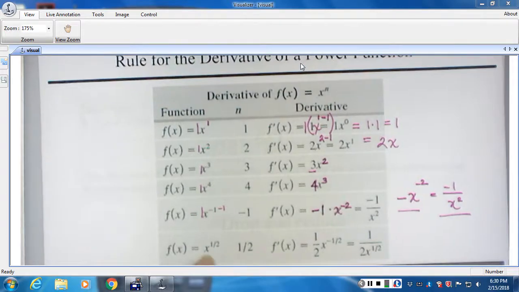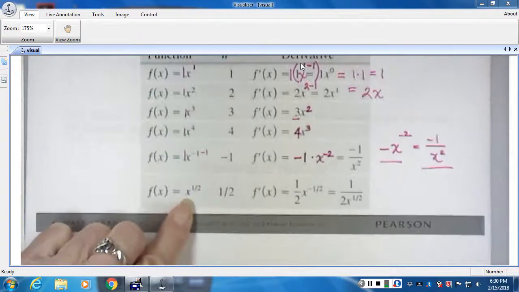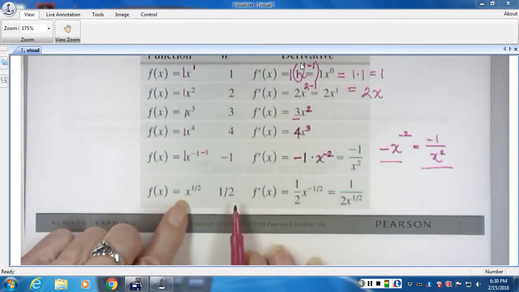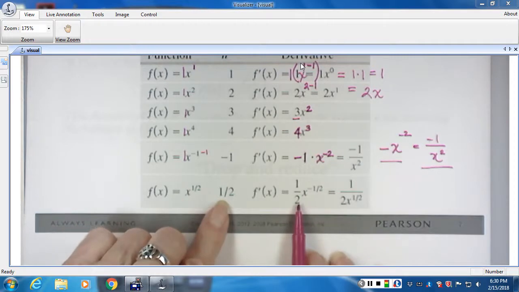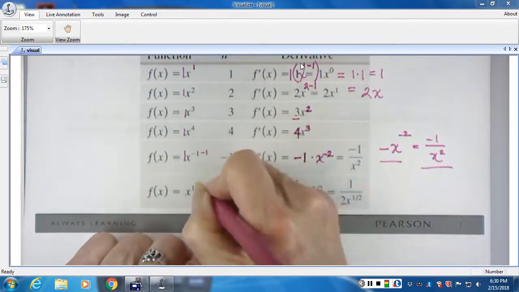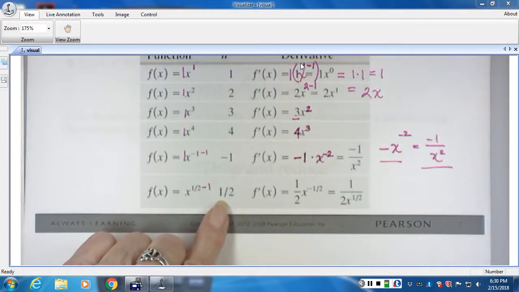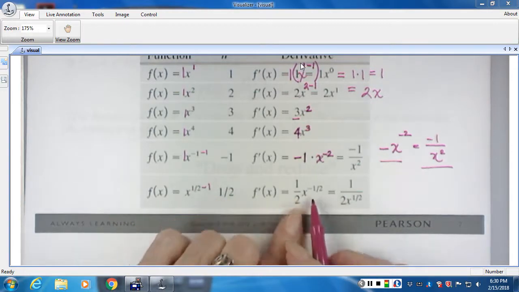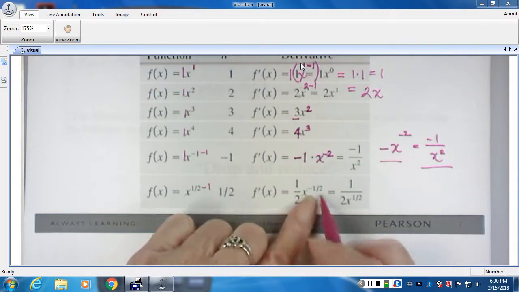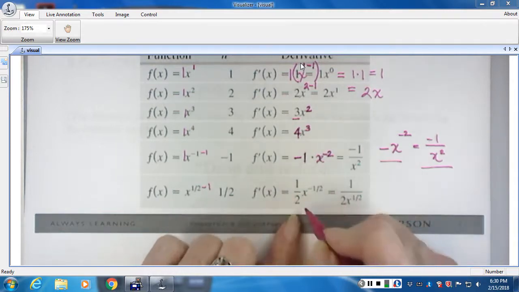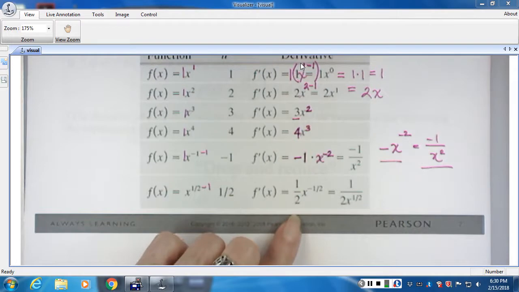If the power is a fraction, that changes nothing. The power here is 1/2. So you bring that 1/2 down in front and multiply by it, and then you reduce that 1/2 power by 1, and 1/2 minus 1 is negative 1/2. So your answer is 1/2 times x to the negative 1/2 power, or you can bring the x to the negative 1/2 back down to the denominator and call it 1 over 2x to the 1/2.